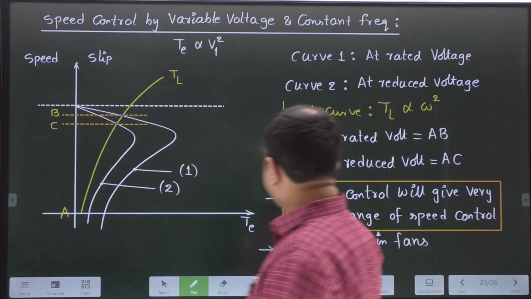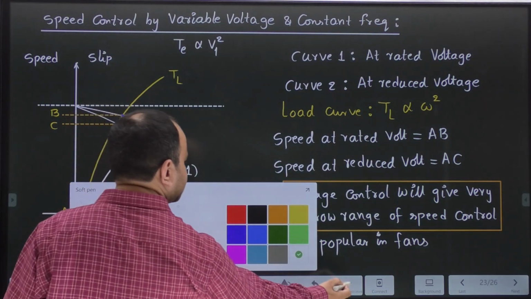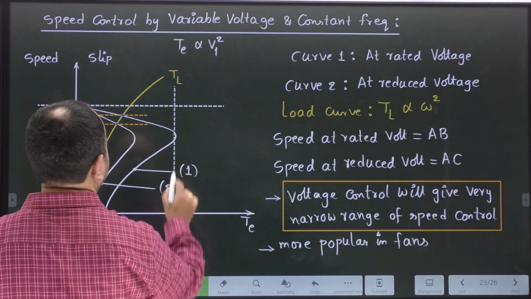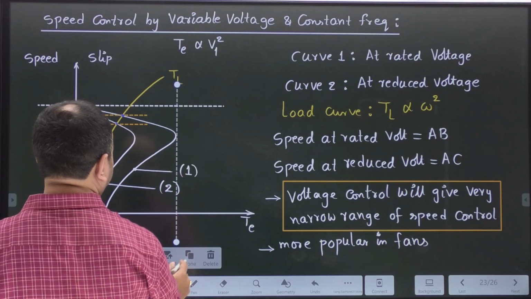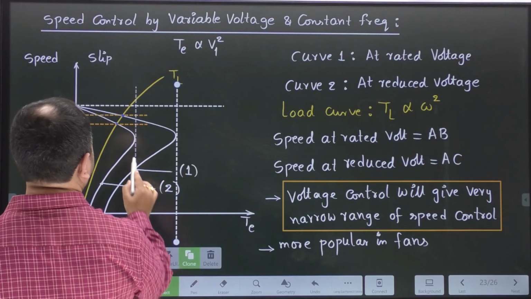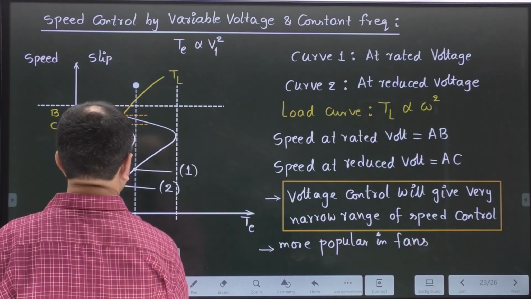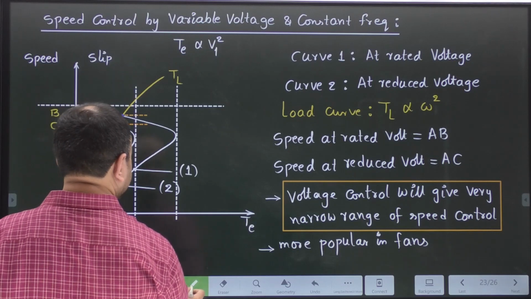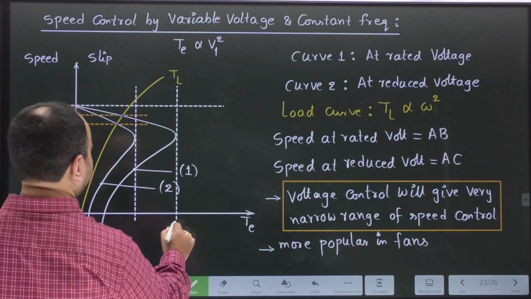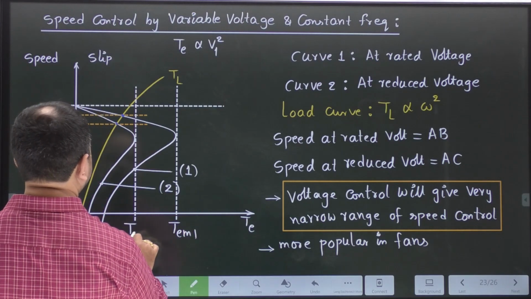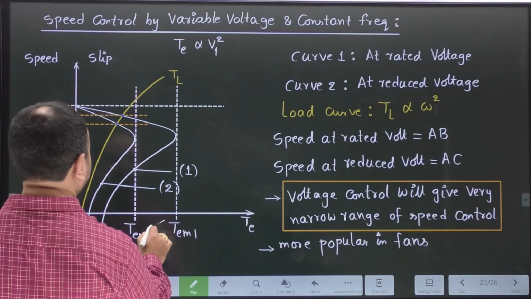What happened here? The maximum torque developed by the machine reduces. Say for example here, this is the maximum torque in the first scenario, this is the maximum torque in the second scenario, it is reduced.